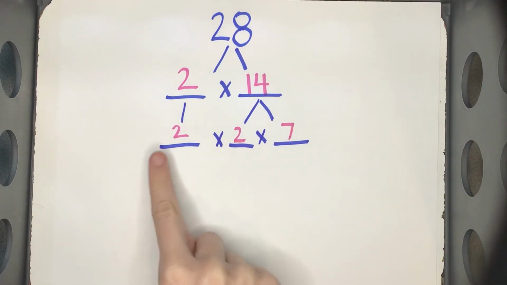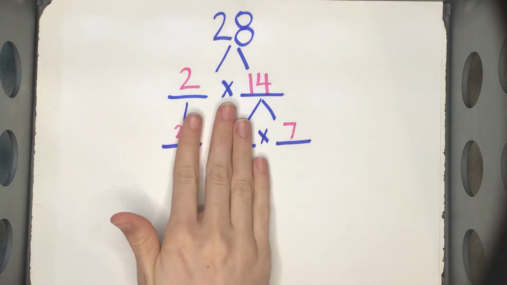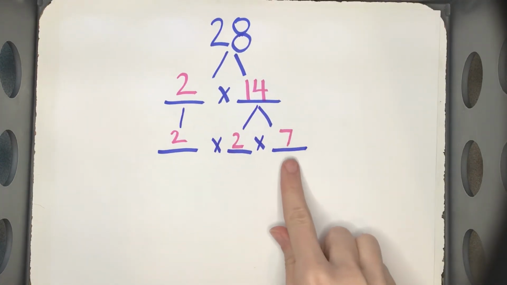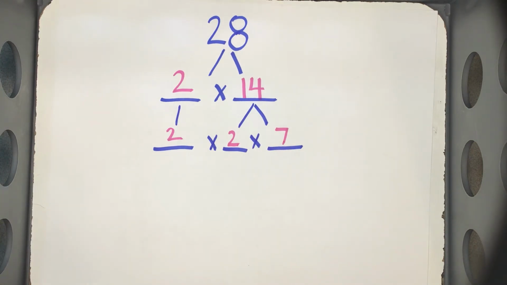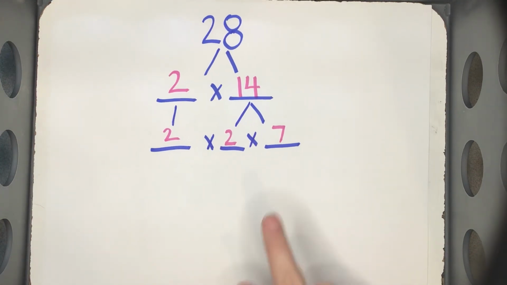Remember, 2 is already prime. We can't break it down. We're going to leave these 2 alone. Can I break down 7? Can I do something times something to give me 7 other than 7 times 1? I don't want to do 7 times 1 because then I'll have 7 down here again. That's like doing an extra step. I don't think we can do anything else.